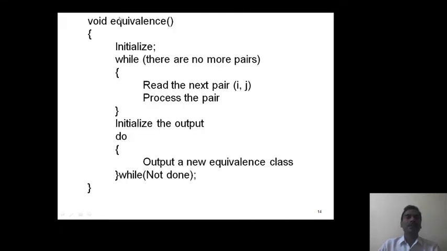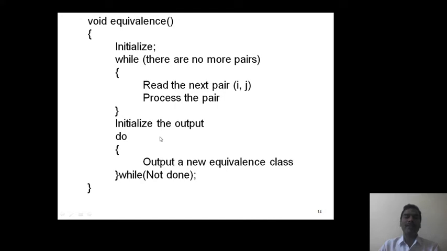Now observe this algorithm. Void equivalence is a generalized way. First, initialization. Then a repetition process: while there are more pairs, read the next pair as (i, j), process the pair, and close the while loop.